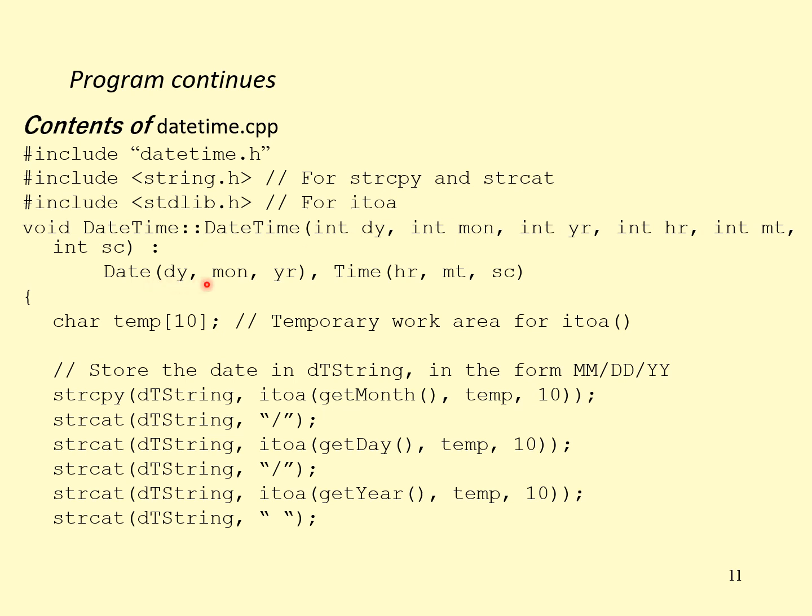Then it sets the date by the day, month, and year, and the time by hour, minute, and second, right? Then a character temporary array, then strcpy. It copies all these other things using strcpy, right? So that is how this will be.